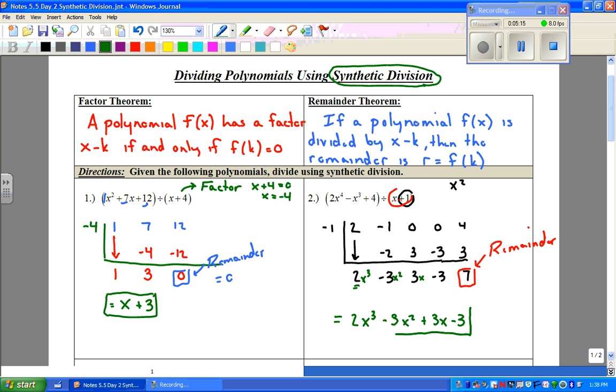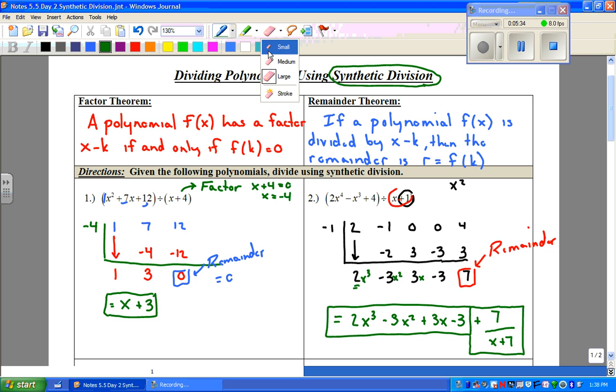All right? And you'll notice that's what you get, but then you also, at the end here, you have a remainder. So you have to add your remainder of 7, and then you divide that by x plus 1. So that also is included within your answer. So I'll actually go ahead, just so we don't create any confusion, I'll erase this right here.